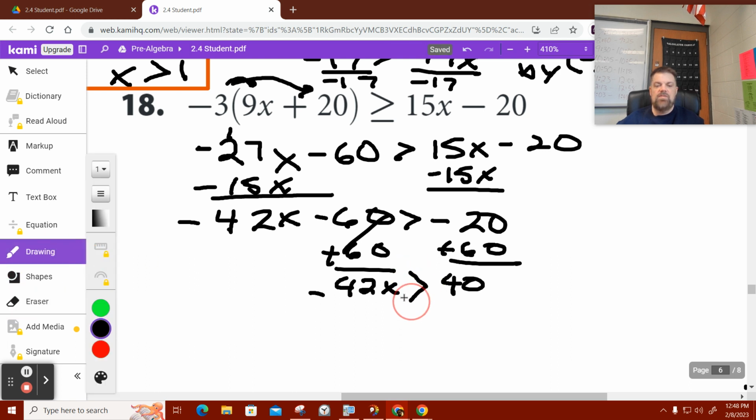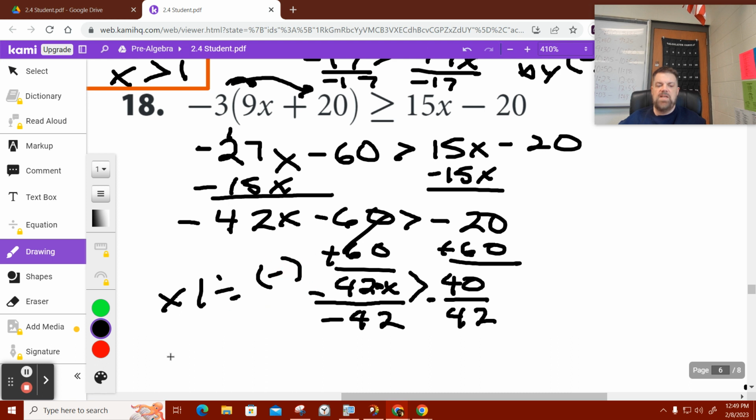What do I need to move and what do I need to leave? Well, I need to move the negative 42. What is the negative 42 doing to the x? Mathematically, it's multiplying. So now that I know that 42 is multiplying by x, what do I do to move it? Divide. I'm going to divide by negative 42 because I want to leave the x behind. Whatever I do on one side, I do on the other. Here's the thing. We're multiplying or dividing by a negative number. So what does that mean? It means we have to flip the symbol.